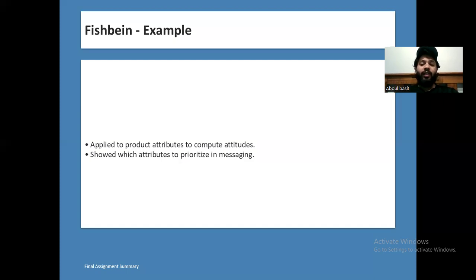By scoring and weighting these attributes, marketers can design strategies that emphasize what customers really care about. This model gives structure to something that often feels subjective.